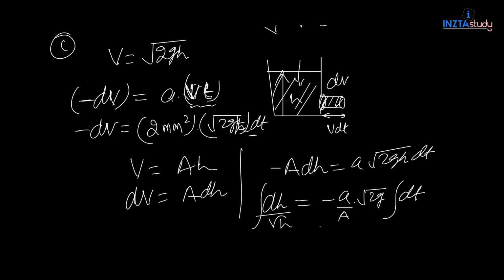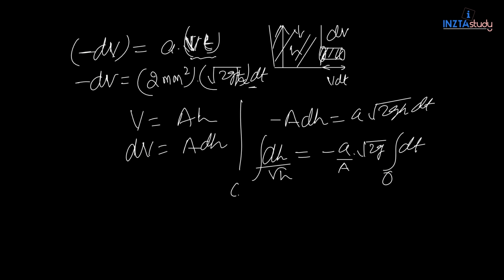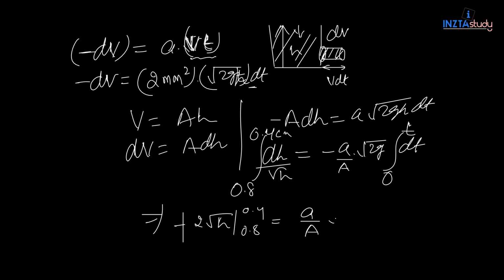So if you integrate this, at t is equal to 0, height was 80 centimeter. At t is equal to t, you want to get the time when the height is half, that is 40 centimeter. If you integrate this, you will get 2 root h from 0.8 to 0.4, with a minus sign here, equal to a by A into root 2g into t.